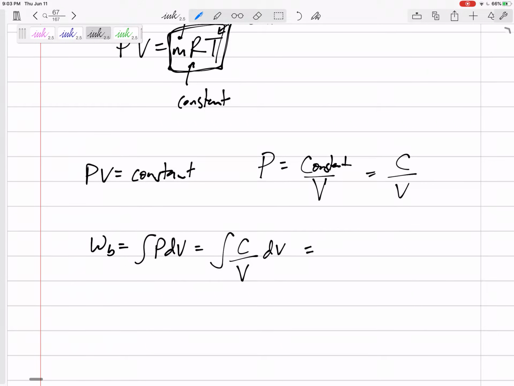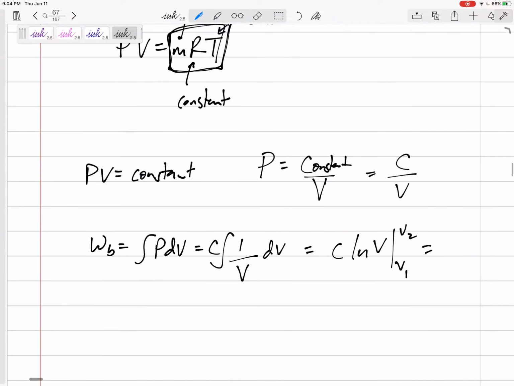Let's bring this constant out front. What's the integral of 1 over V? The natural log of V, evaluated from V1 to V2.